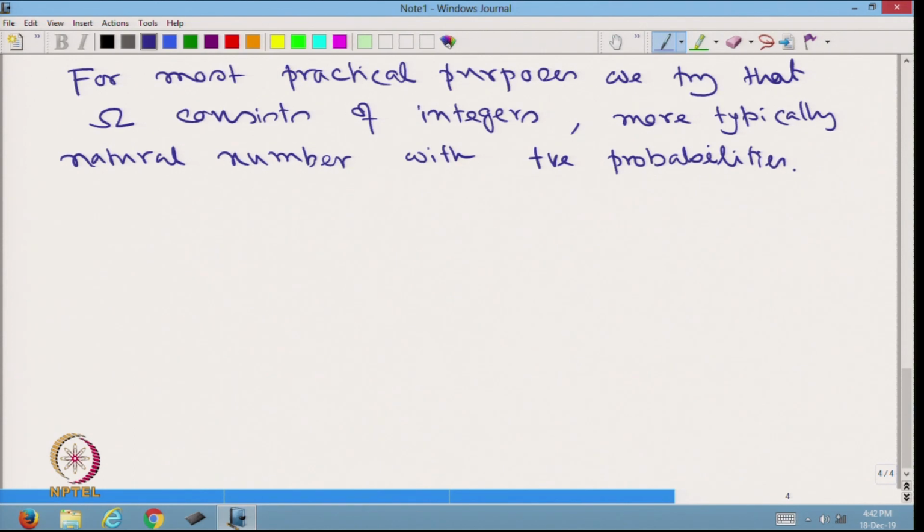So, let me now give you several different types of discrete random variables.